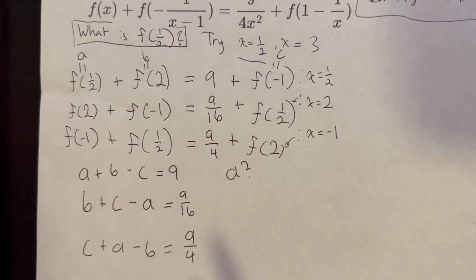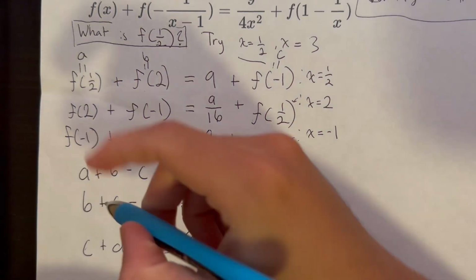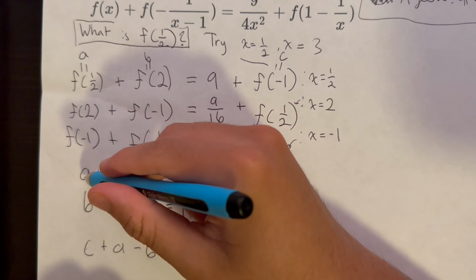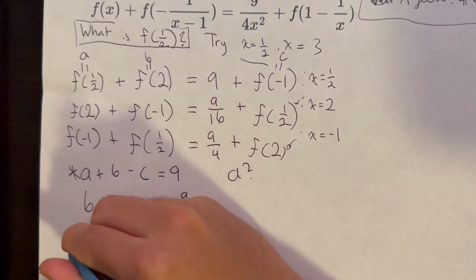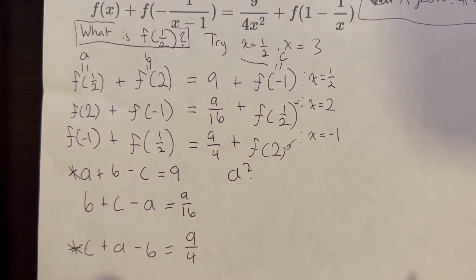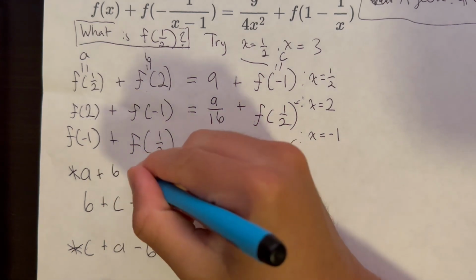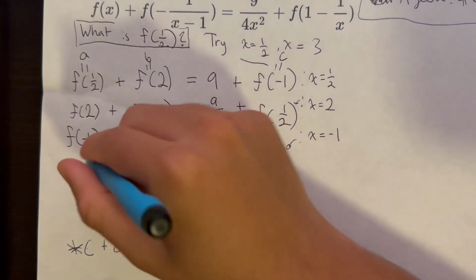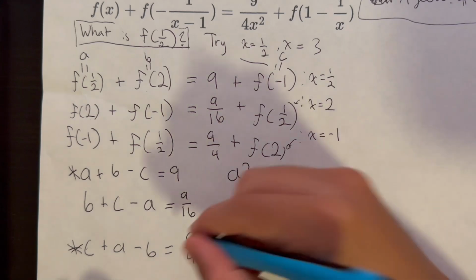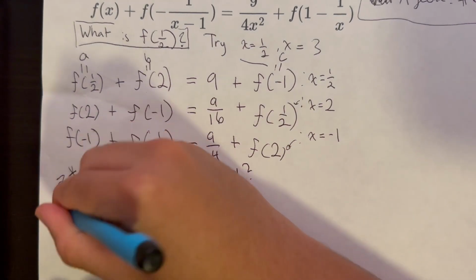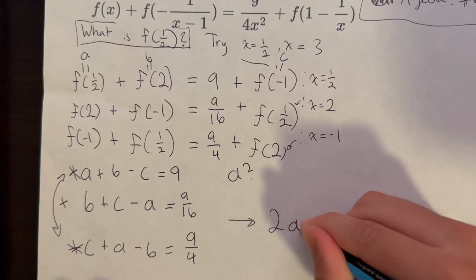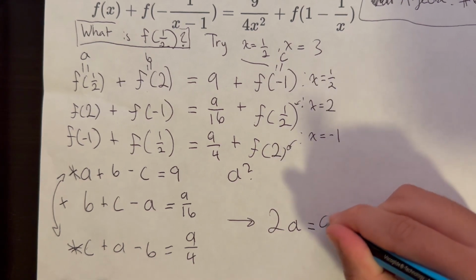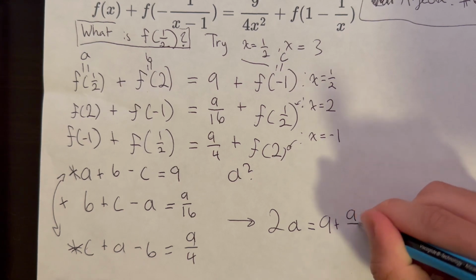But we can actually use only 2 here. So the trick is noticing that if we want to solve for A here, we can choose this equation and this equation, and we're actually going to just get A at the end, because the C's cancel out when I add them together and the B's cancel out, and we're just going to get 2A. So when I add these equations together, I get 2A equals 9 plus 9 over 4.